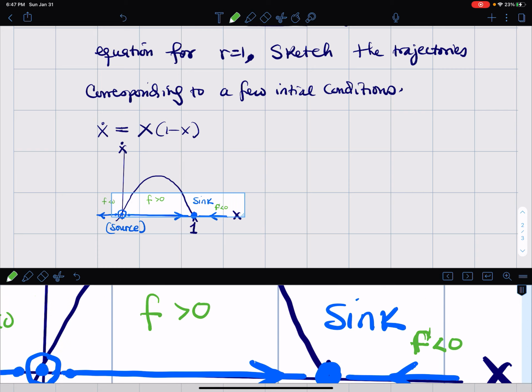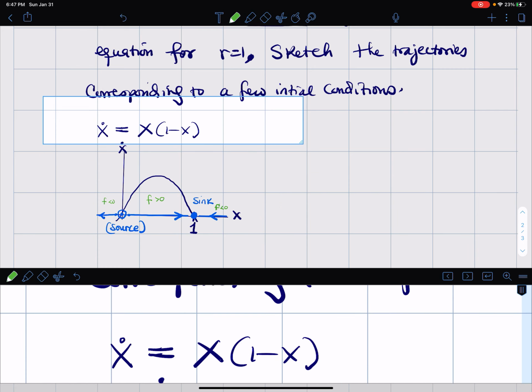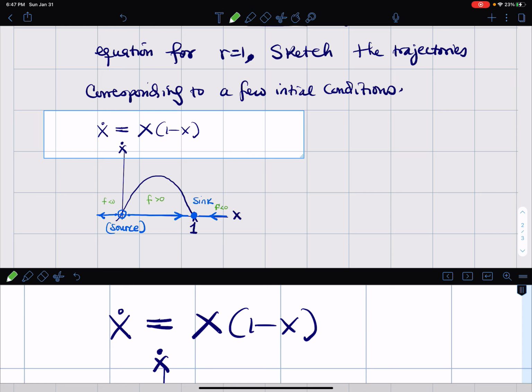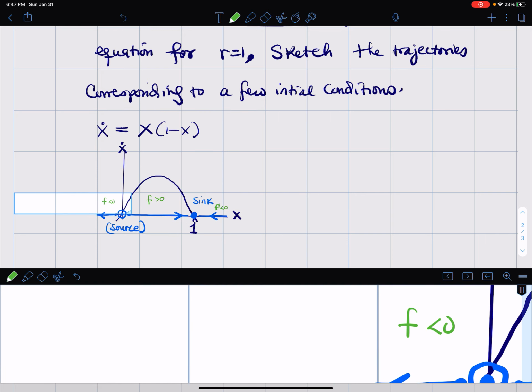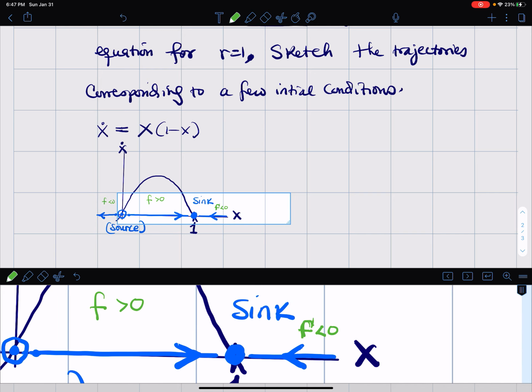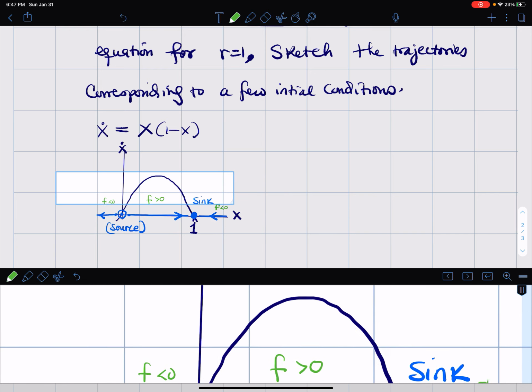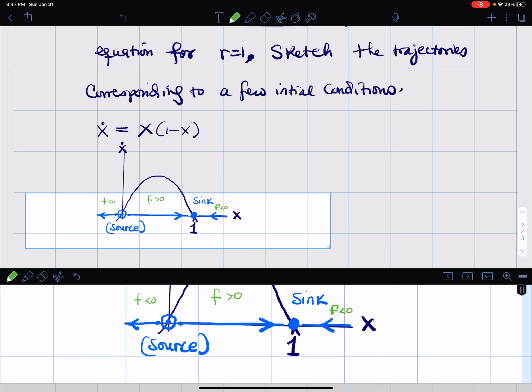Okay. So that means that our derivative, which is x dot, right? The derivative of x over here is greater than 0, as we can see, the graph is telling us that. And f is less than 0, the graph is telling us that.